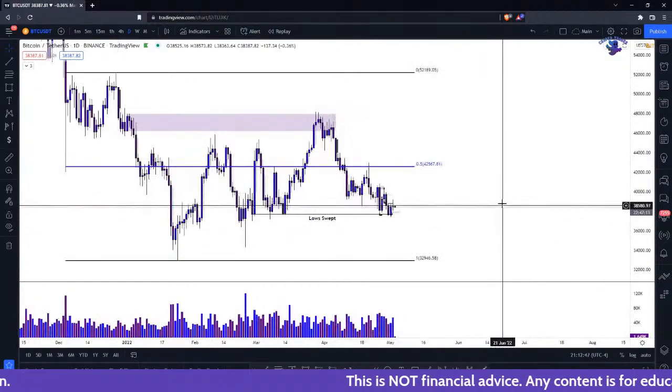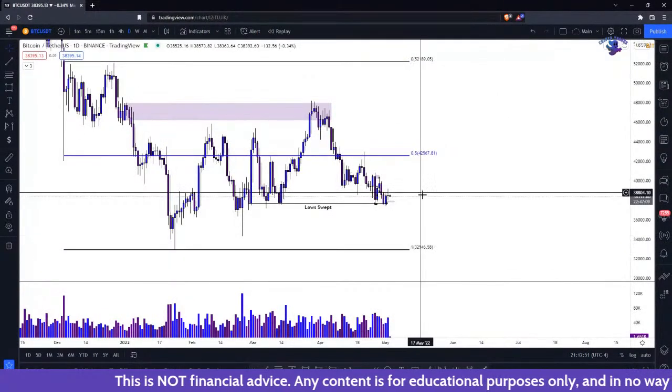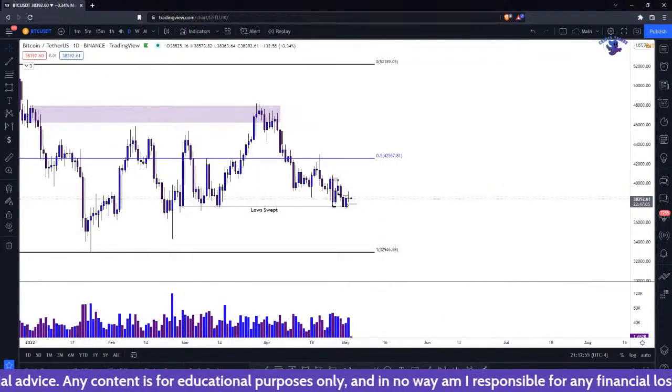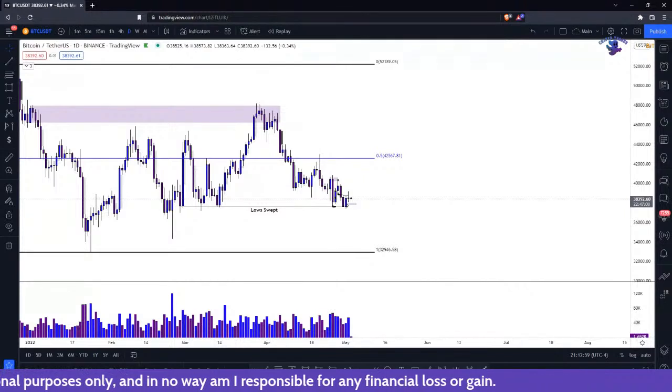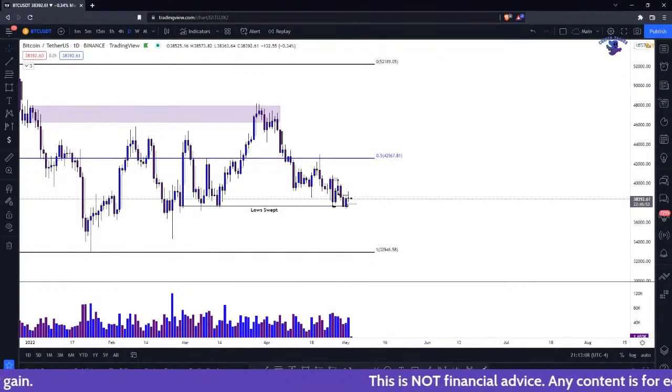What that would lead me to believe is I would look for the range lows from a swing perspective. Does that mean we won't get any opportunities for longs? Not necessarily, but does it mean that longs are going to be a little harder to take? And also, you must take profits aggressively whenever you're trying to trade against the high time frame narrative.